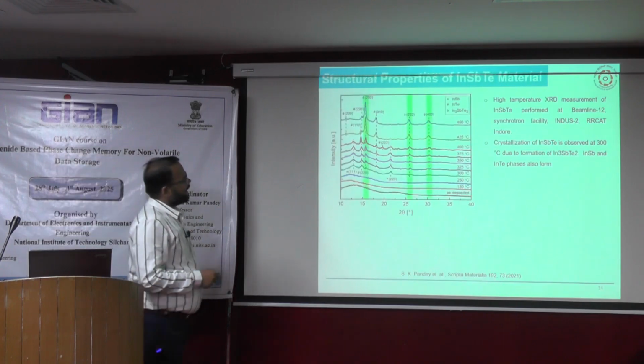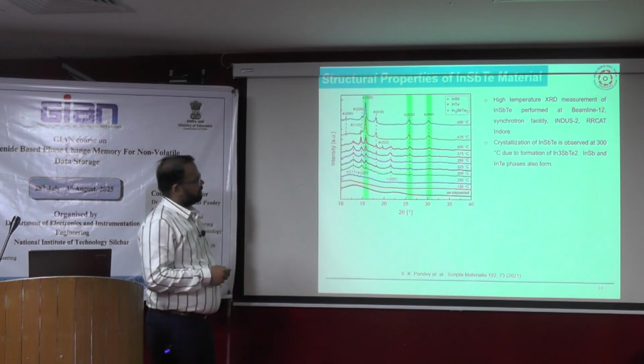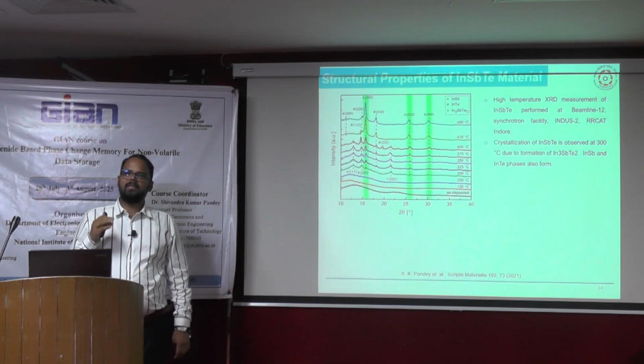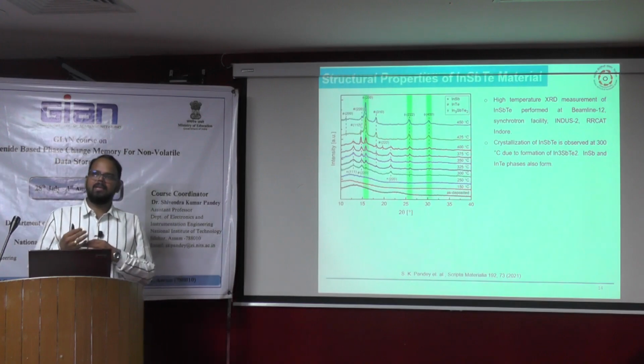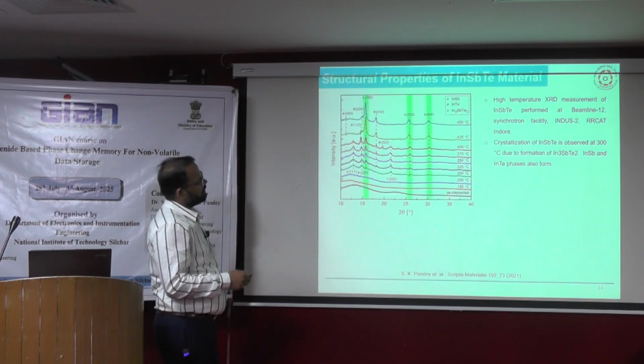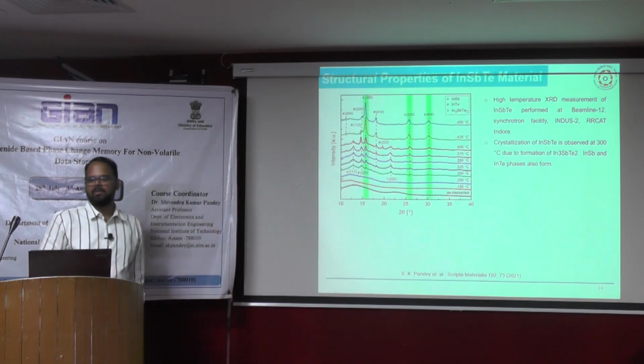So what is the reason behind this crystallization, and why does it become more crystallized at higher temperature? We figured this out using high temperature XRD measurement of this material.